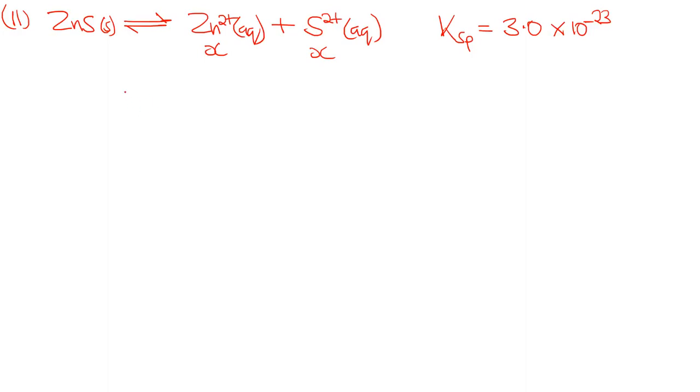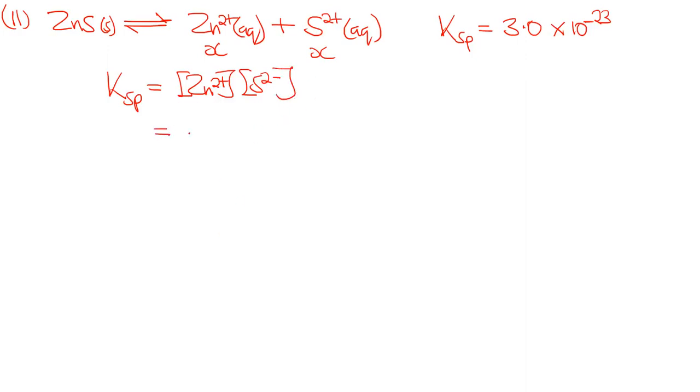So in this case, the KSP is given by the concentration of zinc ion and the concentration of the sulfide ion.